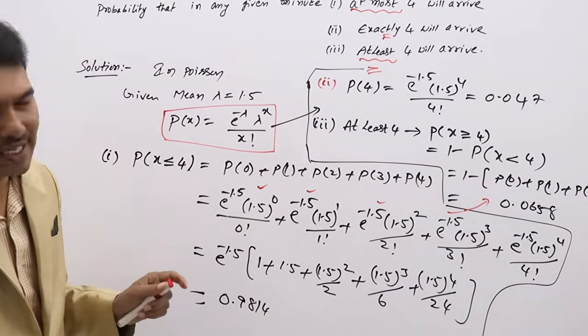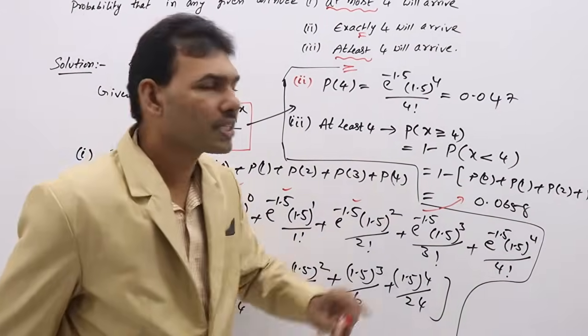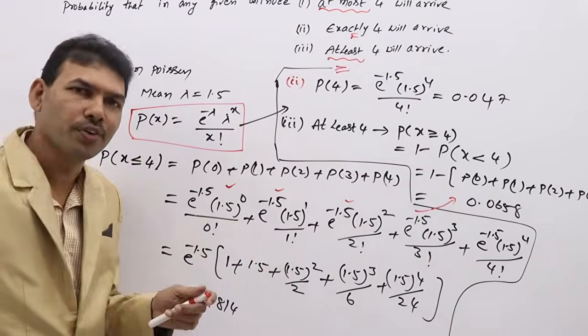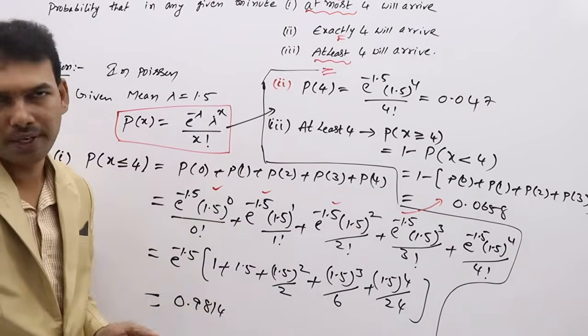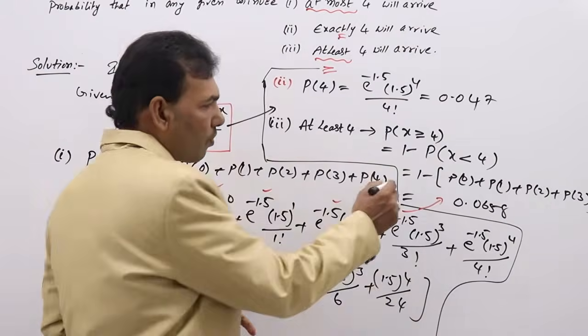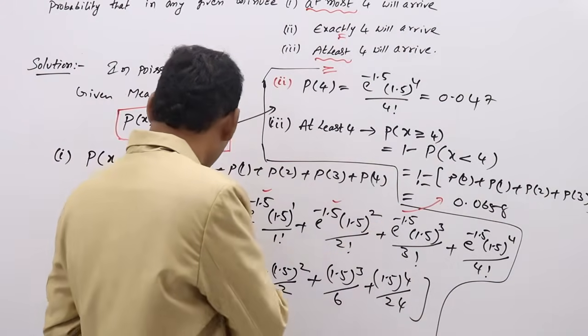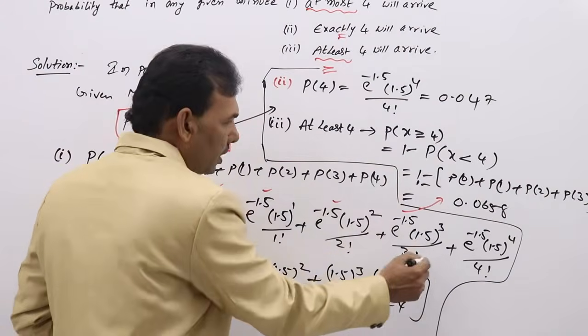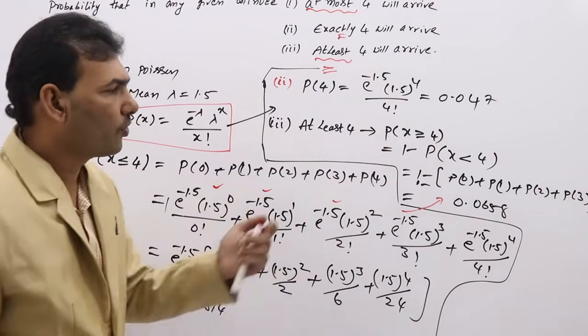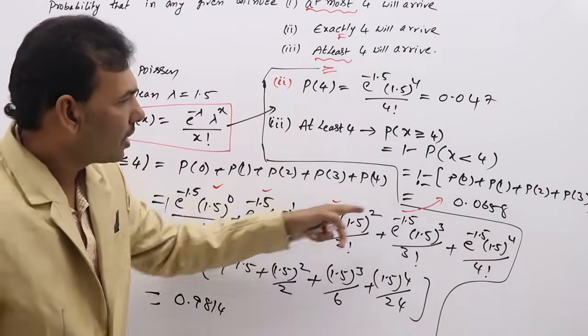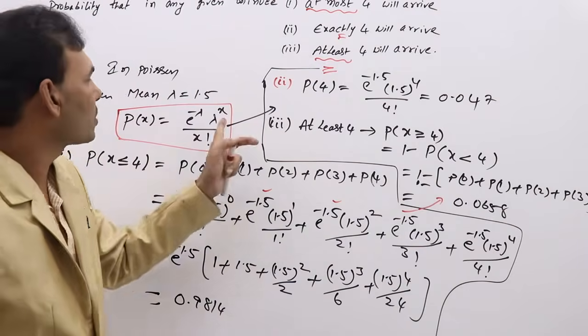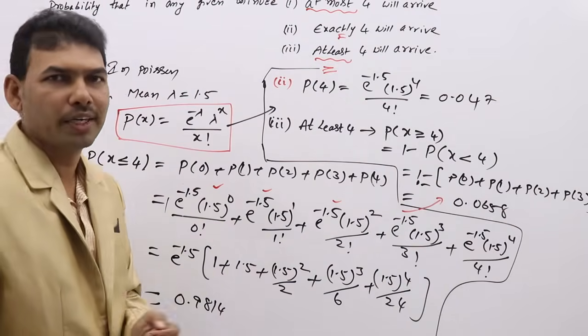It also has very little chance, about 6% if you multiply by 100. So here what you need to do is 1 minus these terms. Earlier I wrote up to 4, but here you need to write up to 3 using this formula. Okay? Any doubts you may express.